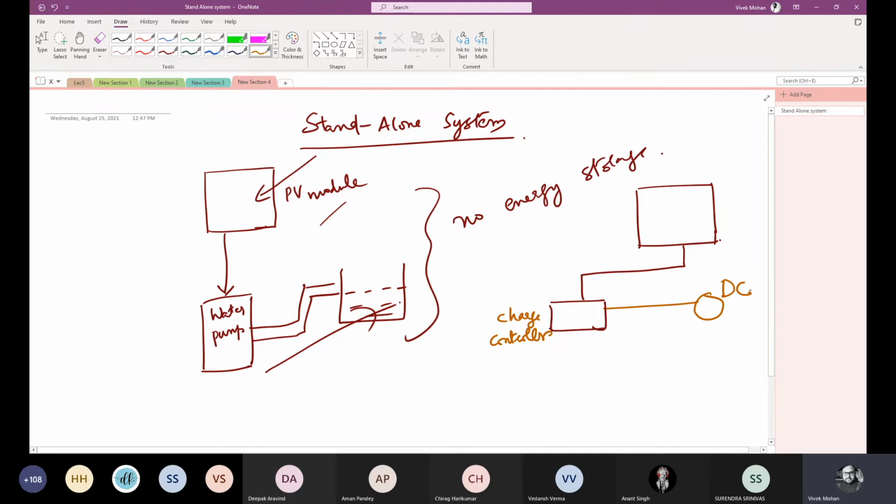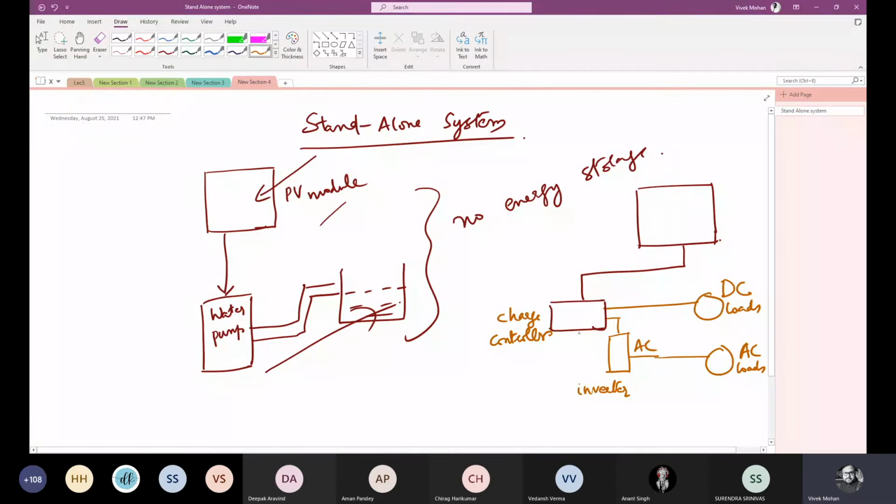But if I want AC loads to be powered, then I have to convert the output DC of the battery to AC. So I need an inverter here. And the output of the inverter is AC. So I will power AC loads through the inverter.